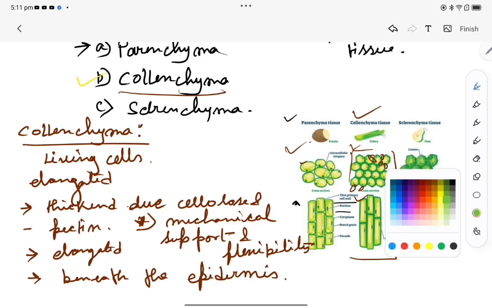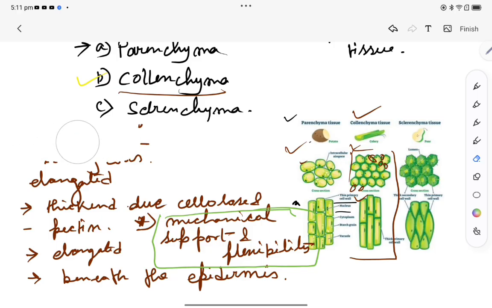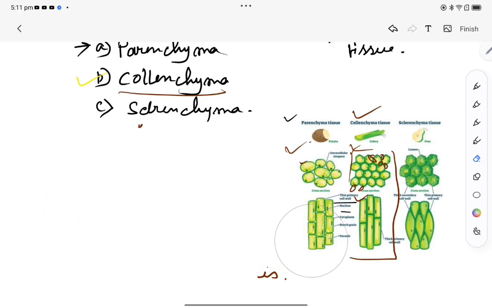Collenchyma tissue provides mechanical support and flexibility. So this was about Collenchyma. I will not say all about Collenchyma because there are a lot of things, but I'm just mentioning the important or basic things.